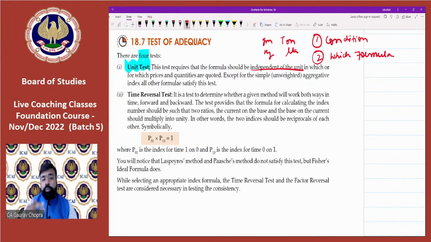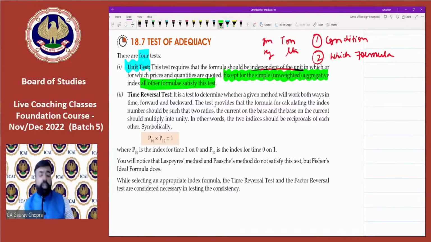That means अगर हम unit को change कर दें तो index number change नहीं होना चाहिए. So which formula satisfies? Except simple aggregative method, all other formulas satisfy this test. So except one, all others satisfy.